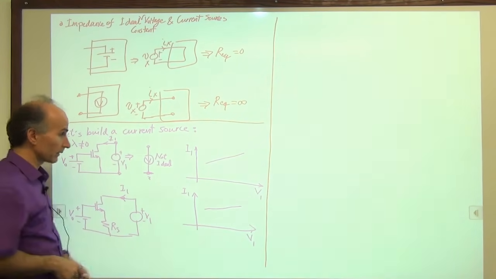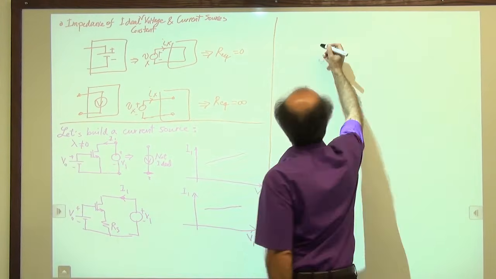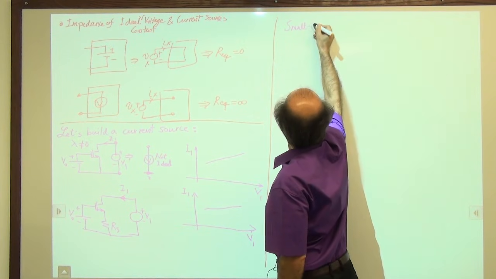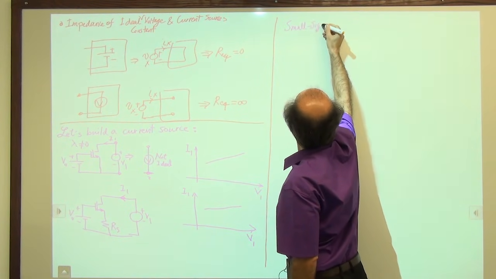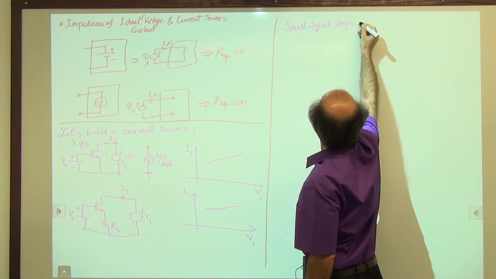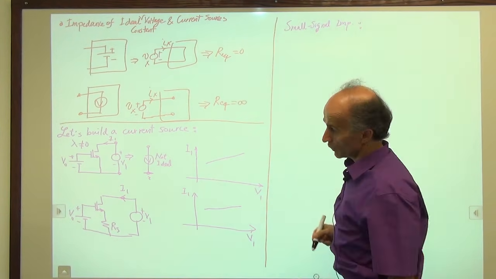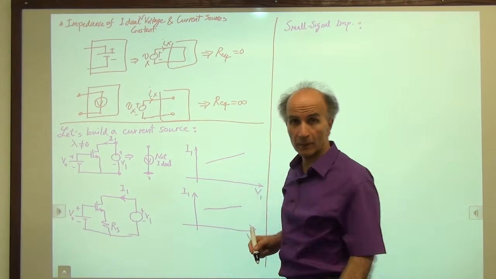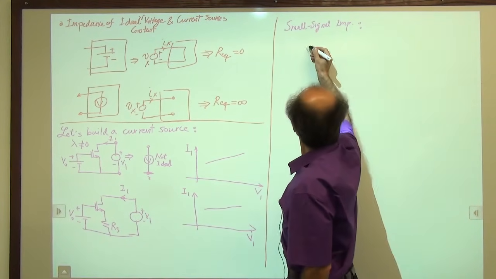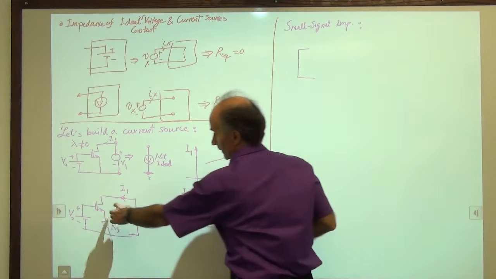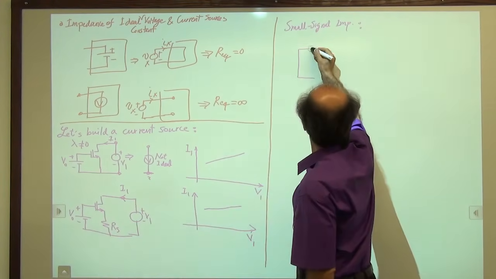So let's go ahead and do that. We will draw the small signal model. So we start out from the left. This is an ideal constant voltage source. It's independent. It's set to 0. We draw the small signal model of the transistor.